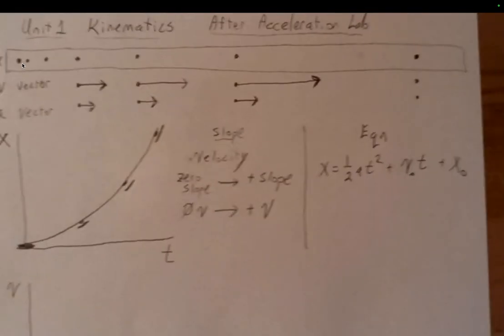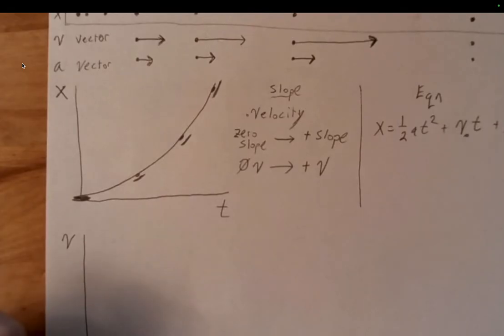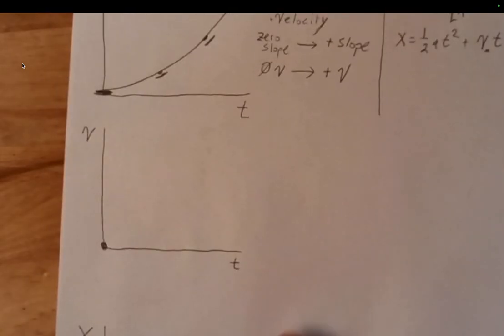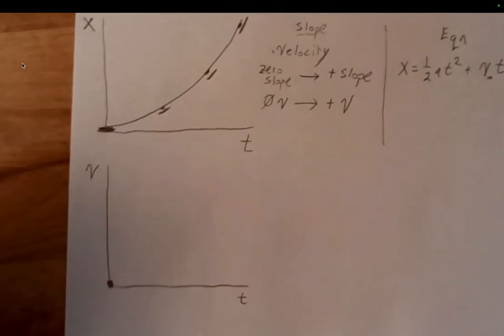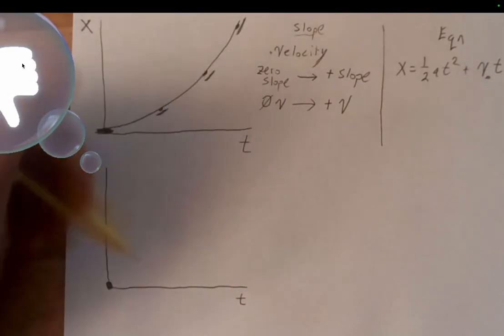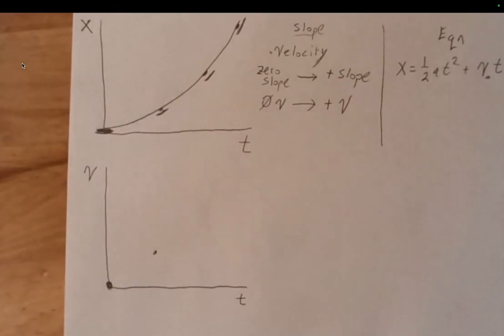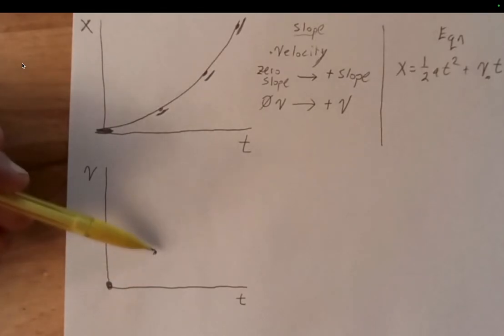But as we see these different points with a zero slope, we should have a zero velocity. And then if I increase to a later point in time, I should have a more positive slope, giving me a more positive velocity. Now I can just go up to this positive point.